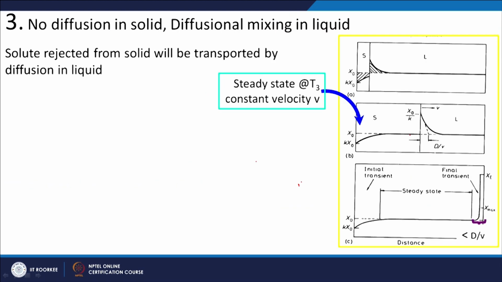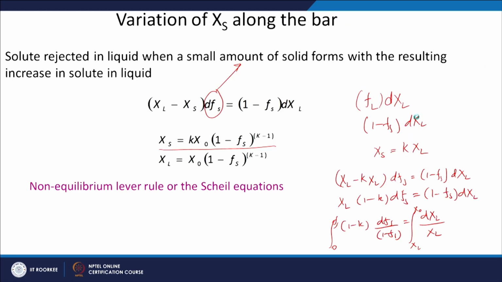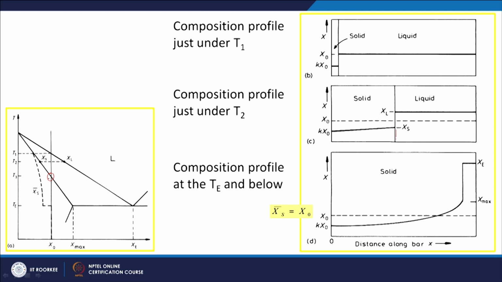So, solid is forming at x naught composition, and the composition in the liquid at the interface is equal to x naught by k. So, that you can see here. If I again draw a tie line here, this will be my composition.